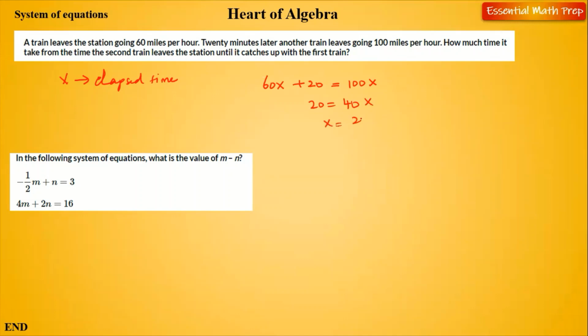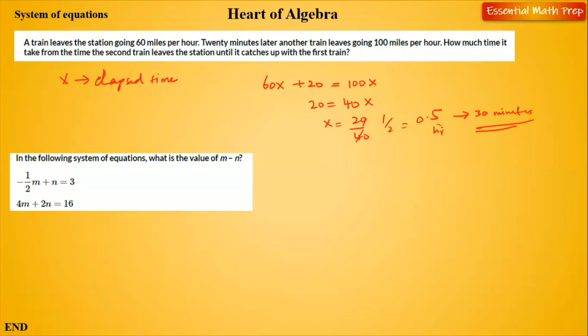X equals 20 over 40, that's 1 over 2, half, right? How much time does it take from when the second train leaves the station to catch up to the first train, right? So that's it. It takes half an hour or 30 minutes.